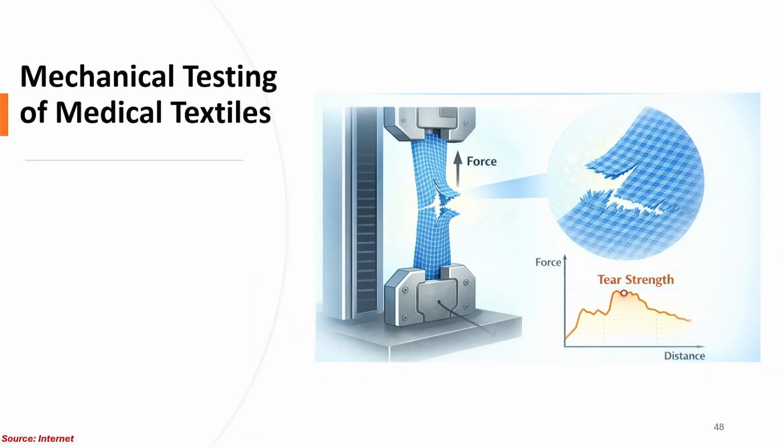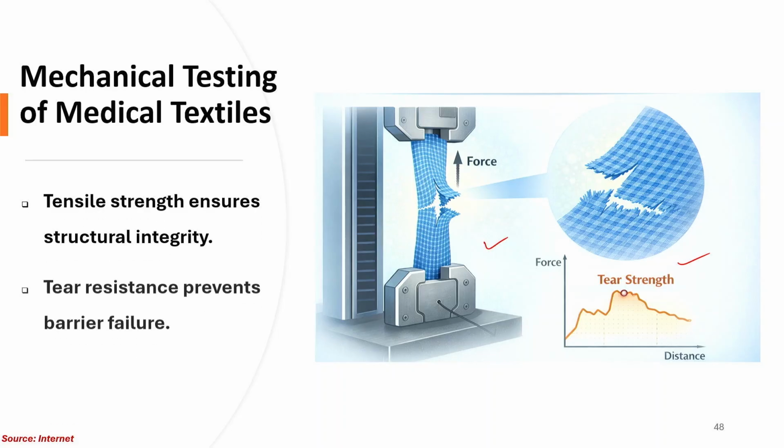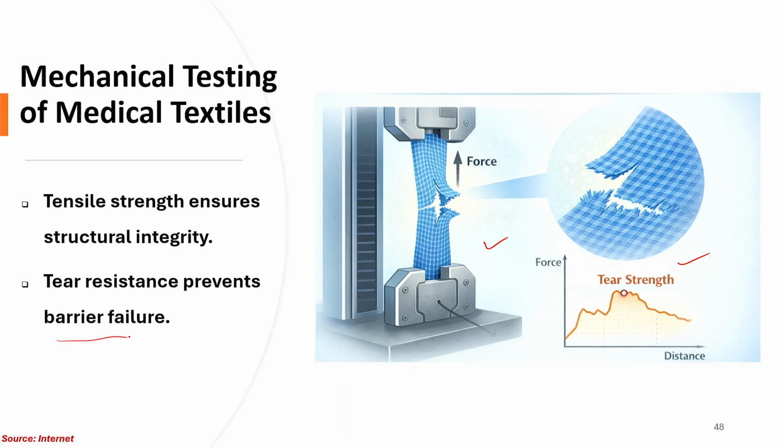Mechanical testing of medical textiles is also important. We do tensile testing and tear testing. Tensile strength ensures the structural integrity, and tear resistance prevents barrier failure.